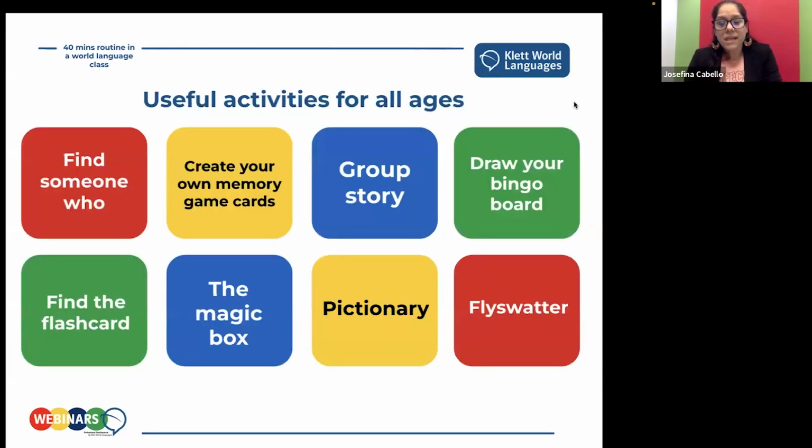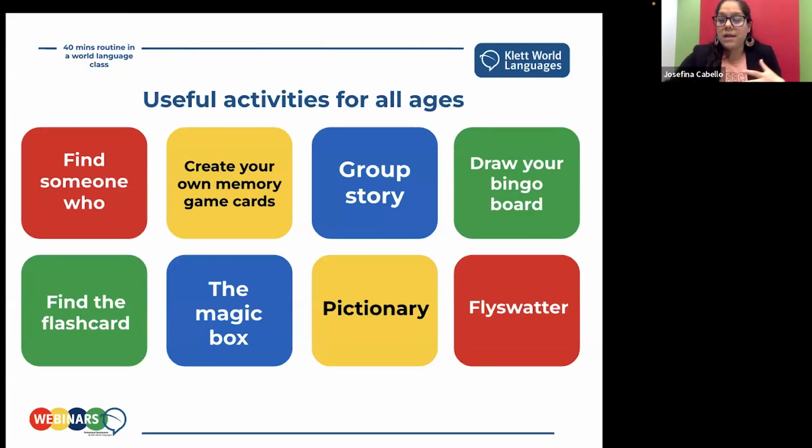So here I'm going to share some useful activities that you can use for all ages. And again, these are activities that you can use for any unit, any level, any age, absolutely everybody. The only thing that's going to change is the level of difficulty, how challenging you want to make these activities. So we already talked about the first one, find someone who activities that you can do in a 3x3 grid.